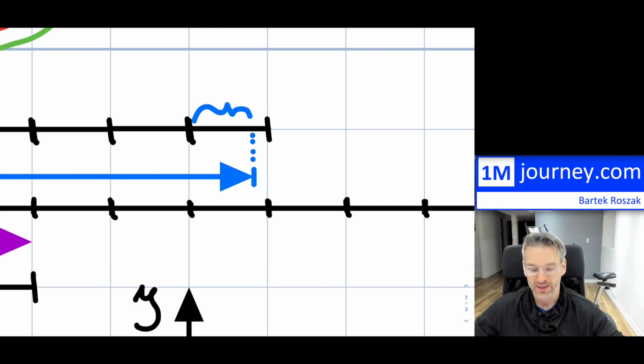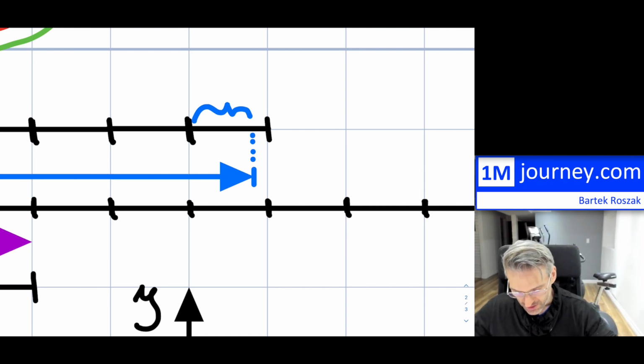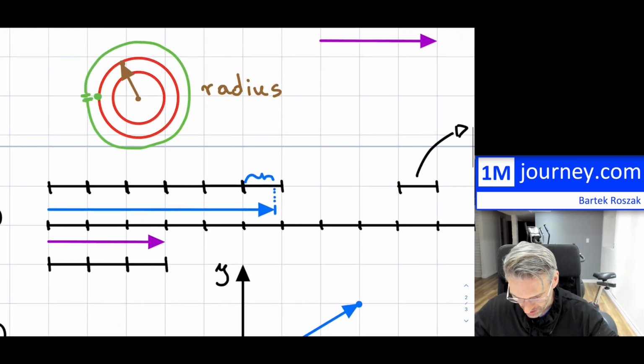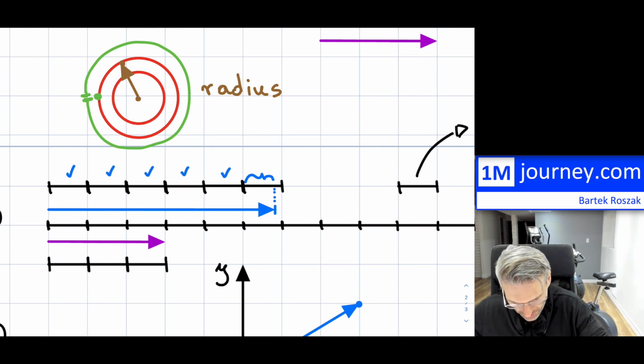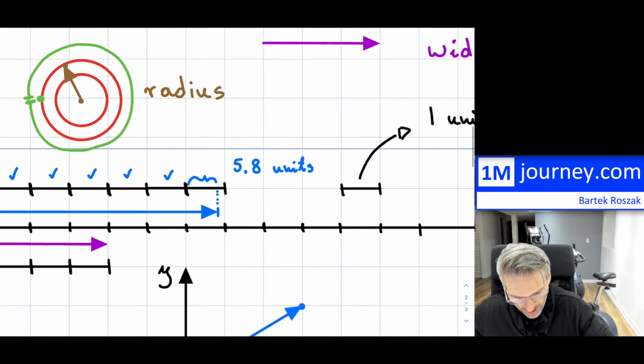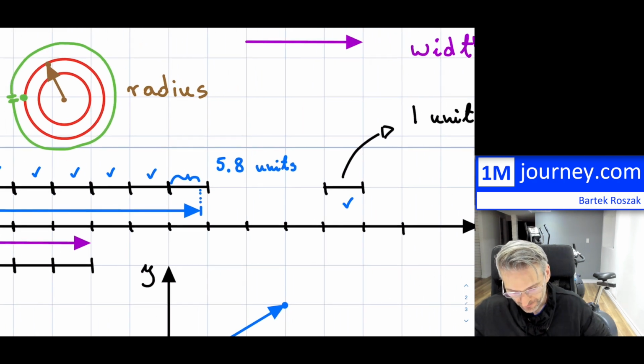So I would say this is not exactly 6 units, but it looks like it is 1, 2, 3, 4, 5. Again, you would be just estimating this. So you can say this is maybe 5.8, not exactly 6. And that's how many of these units it would be, where 1 unit is right here.